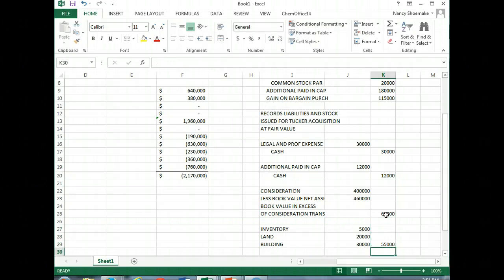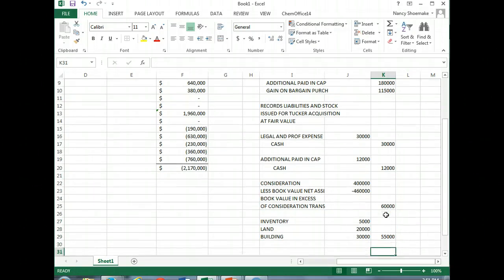So this is how we're going to allocate our gain. So we need to show the inventory at 5,000 more. We need to show our land up 20 and our building up 30. So we're going to need to record journal entries to adjust those. Does that make sense?